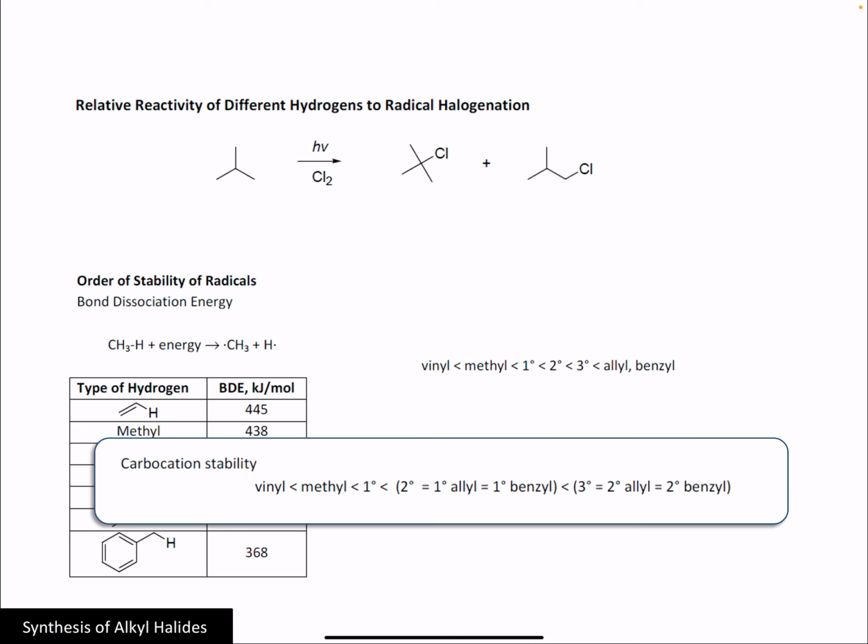If you compare this to carbocation stability, one difference you'll see is primary, secondary, benzyl, and then tertiary. Tertiary is the most stable in terms of carbocations. Tertiary is a little less stable than allyl and benzyl in the radicals. So resonance stabilization seems to be more stabilizing for radicals than for carbocations.